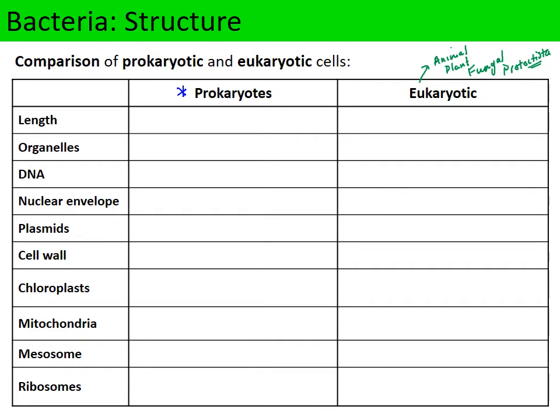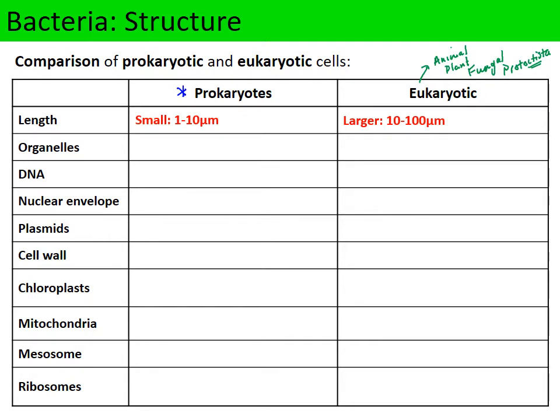So animal cells, plant cells, fungal cells, Protoctista cells like the protists that we saw earlier, Paramecium, they're all eukaryotic. So let's just have a quick comparison. Well, we know prokaryotic cells are actually quite small, 1 to 10 micrometers, whereas eukaryotic cells tend to be much, much larger, anywhere up to 100 micrometers.